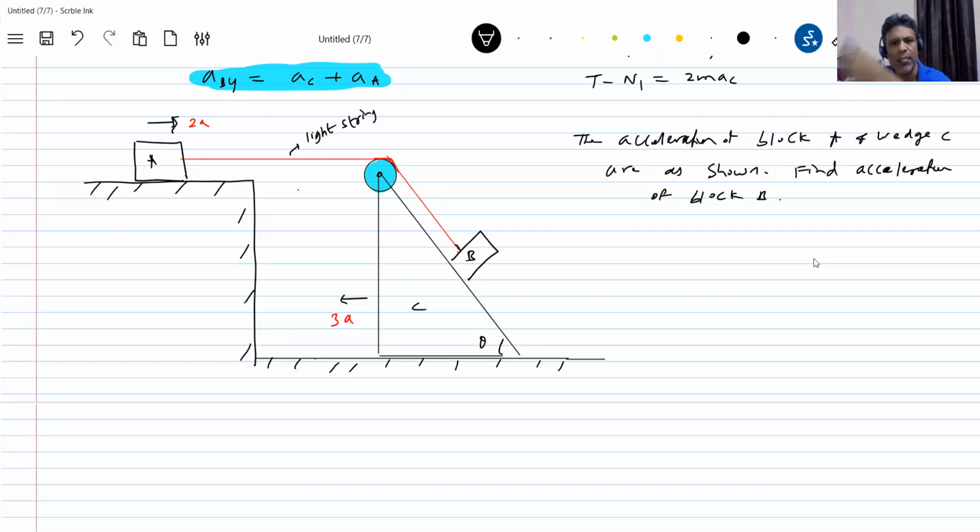I'll take help of the string. Now, you stand on the inclined plane. How do you see the motion of block B?